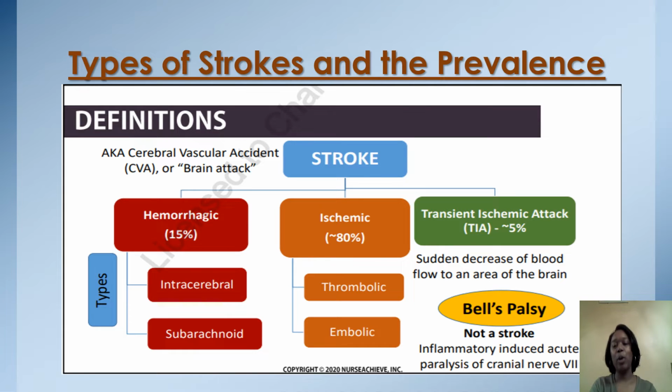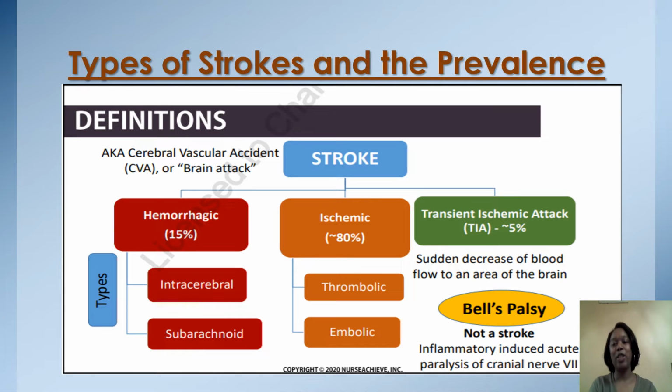It is important to recognize that the signs and symptoms of a stroke are similar to Bell's palsy, but you must understand that Bell's palsy does resolve itself when a CVA will not, as well as being very similar to hypoglycemia.